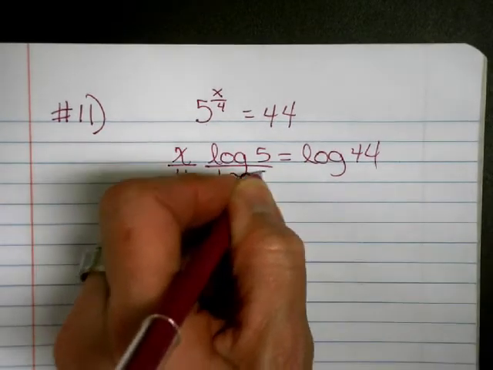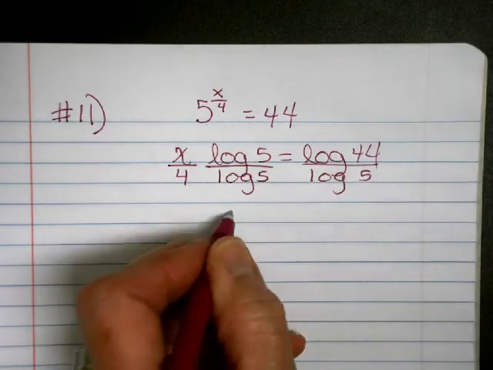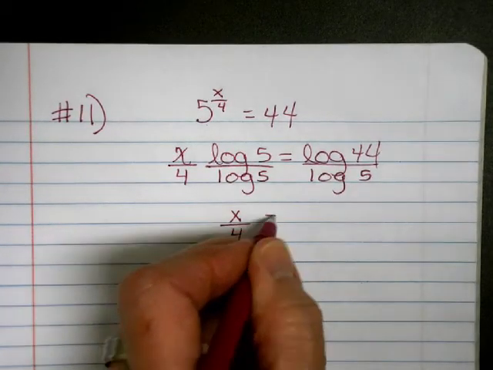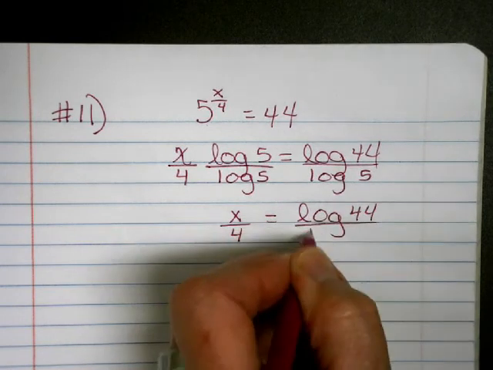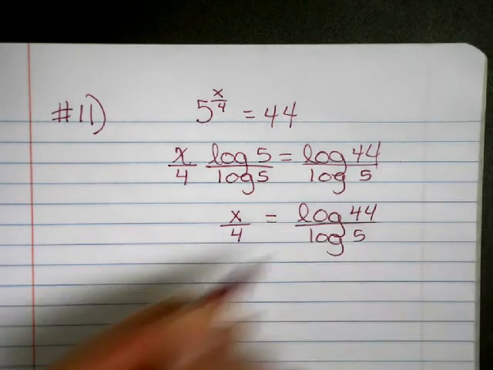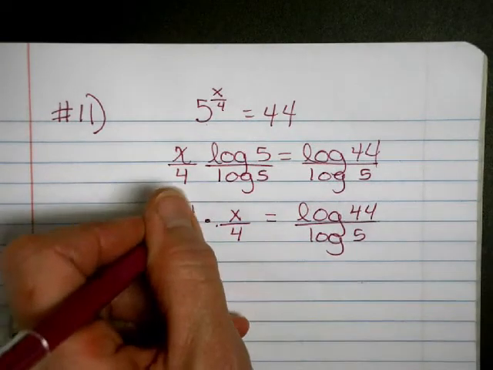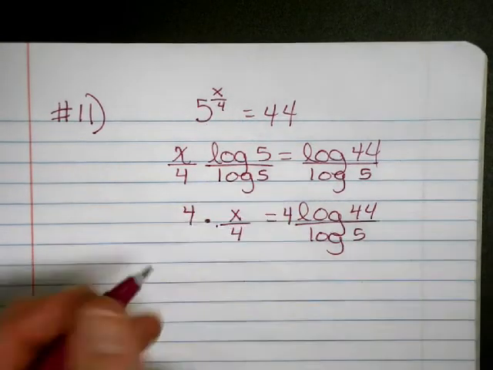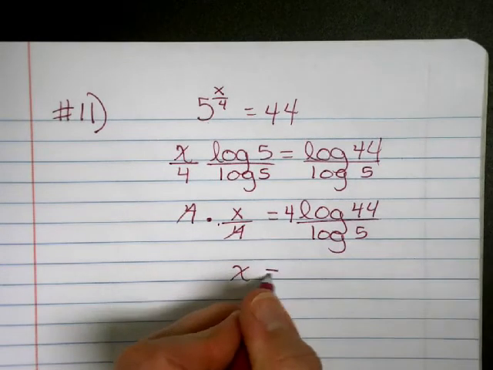And we got to do our algebra. Move the log 5 away from x by division. So I have x divided by 4 is the log of 44 over the log of 5. And then to move something being divided, the inverse operation is multiply. So I just put it in front there.